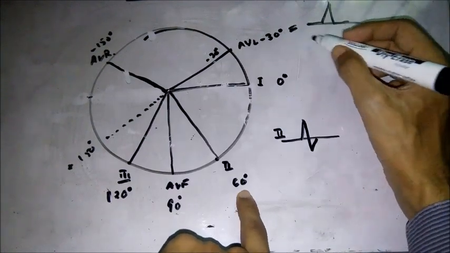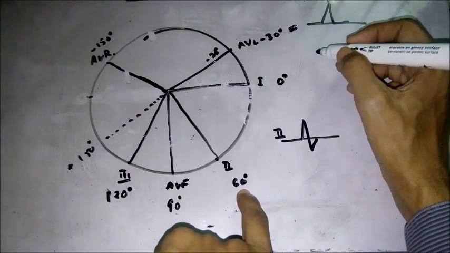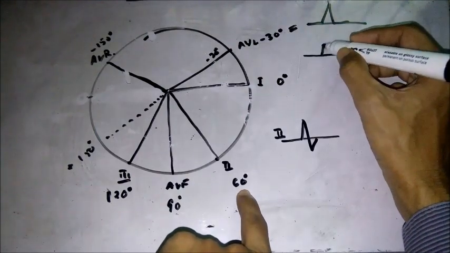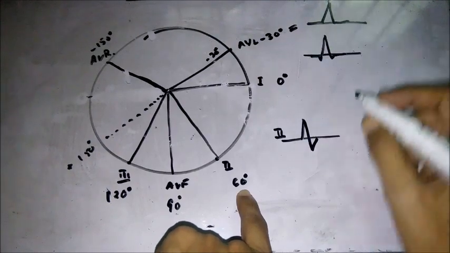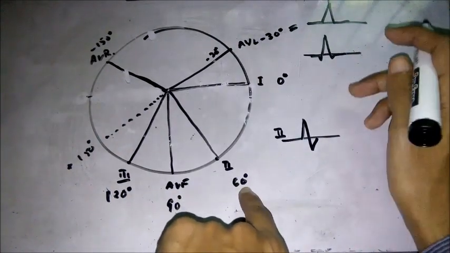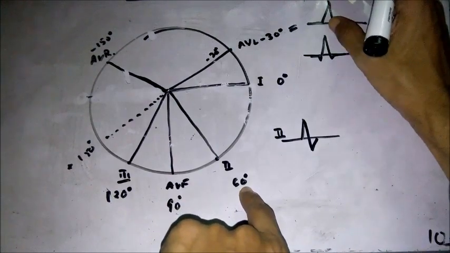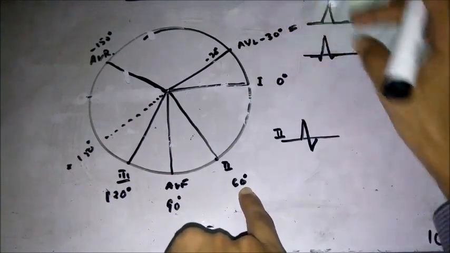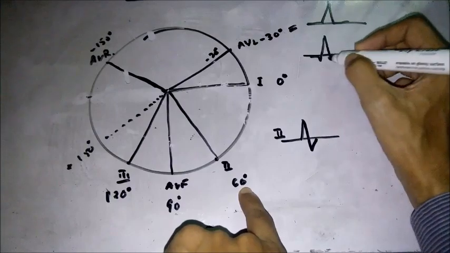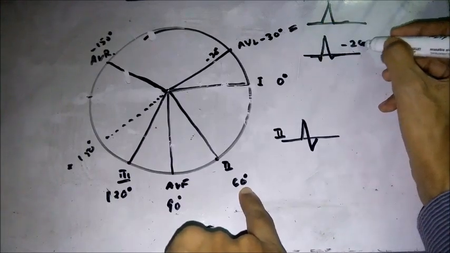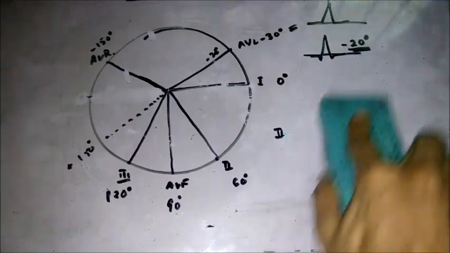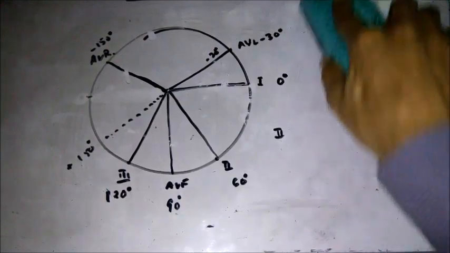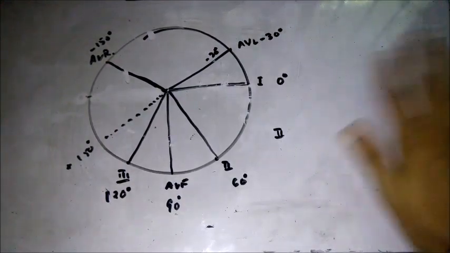But if it's less than minus 30, if it's minus 20, then AVL will be positive, but it might have a little bit of negativity also. So if AVL is fully positive, then minus 30 might be the axis. If AVL has a little bit of negativity, then minus 20 degrees would be the estimation of the axis, right? So this is how we can very accurately determine what the right axis is in terms of degrees.